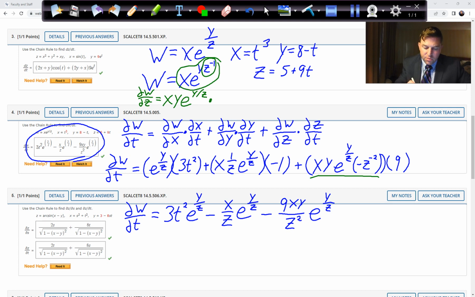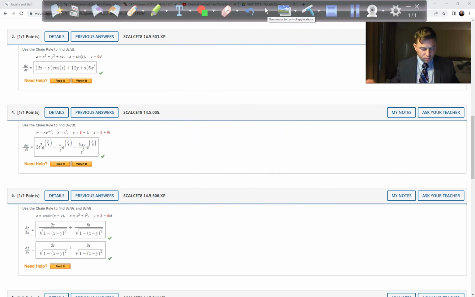And that's going to be, the minus 1 will come down, you subtract 1 from the power, minus 2, and so that's where we got that. And so we have the x and the y, we have the negative z to the negative 2. And then you have to use some algebra to clean it up. Okay, that's problem 4.